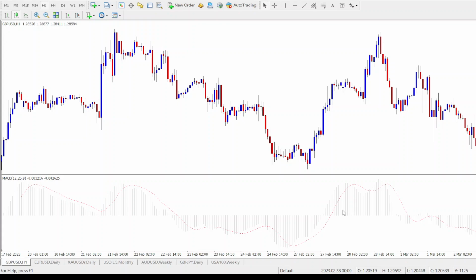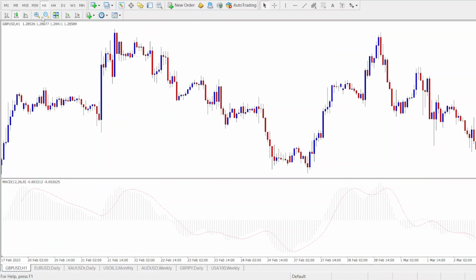It's one of the go-to indicators for traders because it helps to provide insights into both the trend and the momentum. It's a momentum indicator, and that makes it especially helpful for identifying when a trend may be ending or reversing.